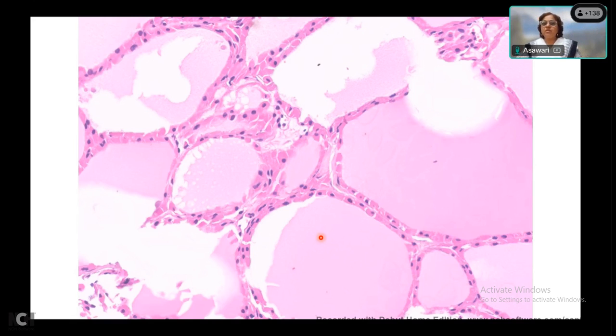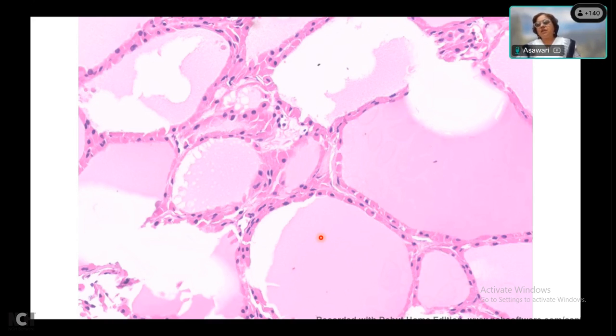Now we are not going to discuss details of the Bethesda system here, but when it is Bethesda 3, any idea what the next management is? If we report as a repeat FNAC or molecular testing or lobectomy. Ancillary techniques may or may not be available everywhere.